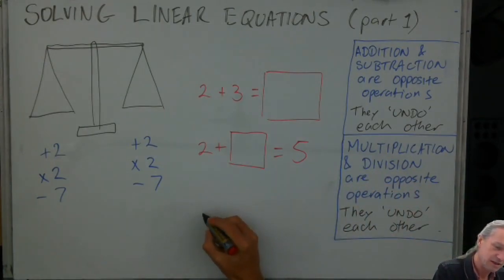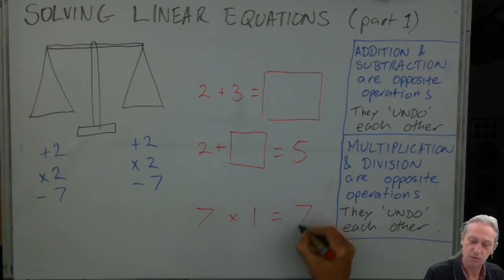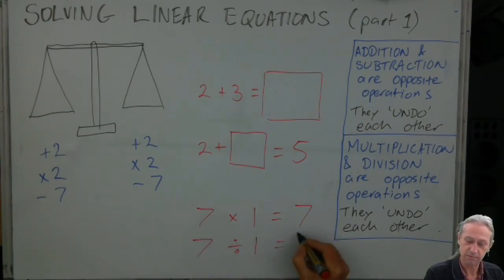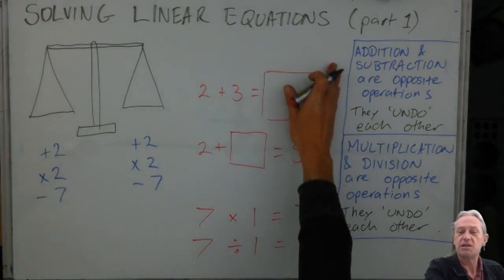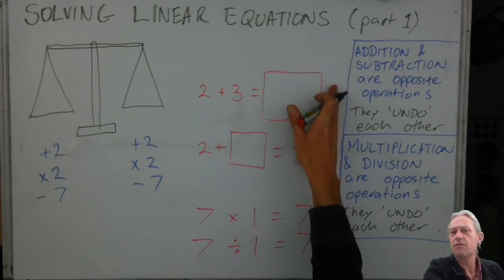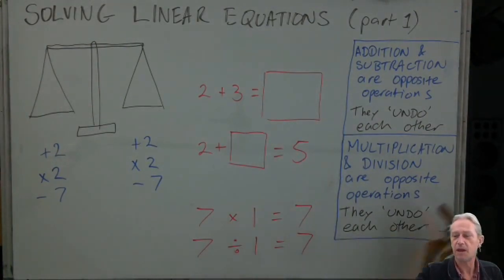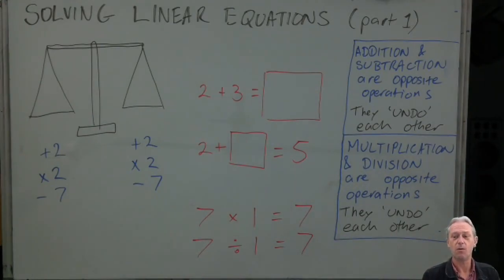So 7 multiplied by 1 equals the same thing, and 7 divided by 1 doesn't change it. So with addition and subtraction, think of how we turn something into 0, and with multiplication and division, how do we turn it into 1.